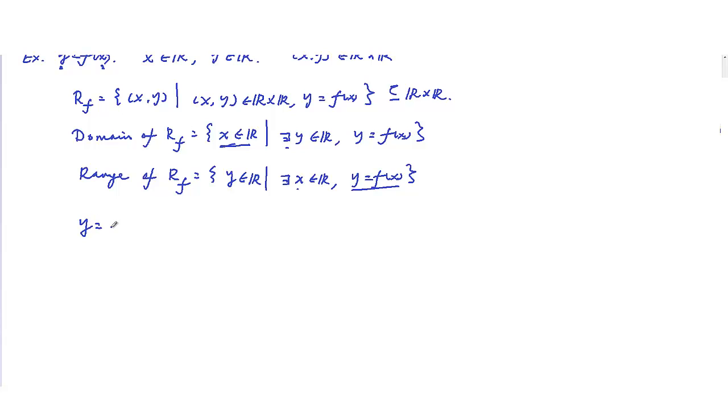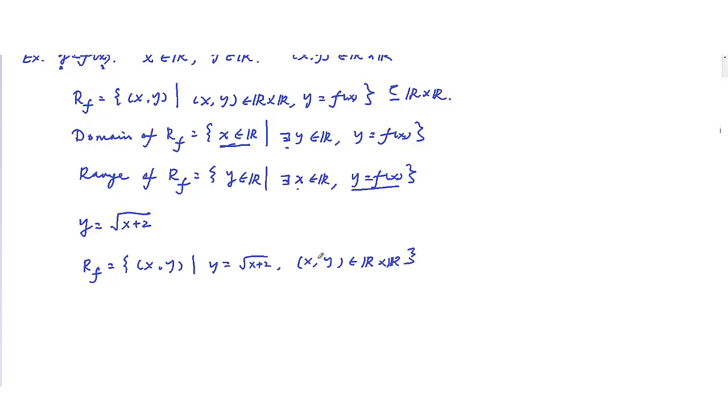For example, y equals square root of x plus 2. Then the relation defined by this function will be (x, y) such that y equals square root of x plus 2, where both x and y are real numbers.